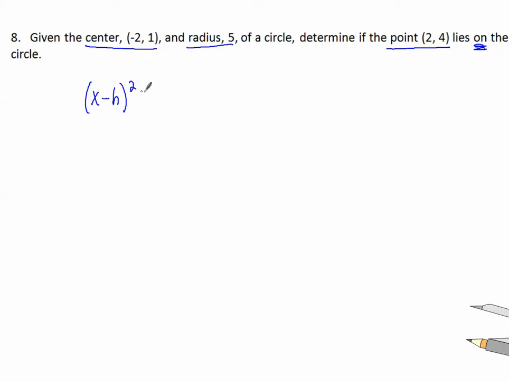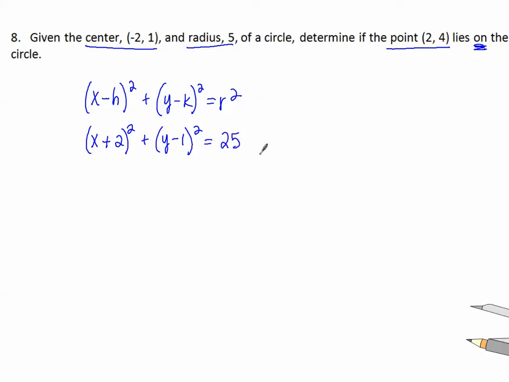So remember our equation, (x - h)^2 + (y - k)^2 = r^2, and we'll plug in the information and get our equation. The x coordinate of the center is negative 2, so that will make (x + 2)^2 + (y - 1)^2, and the radius squared makes 25.